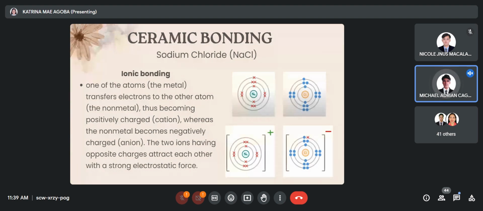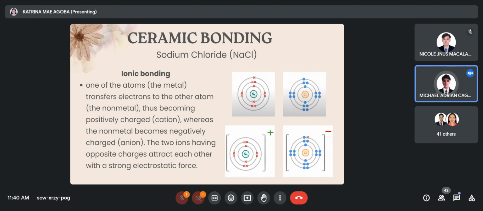So for ionic bonding, it is when an atom gives or takes an electron to make them stable. One example of this is table salt or yung sodium chloride. Sodium has one excess electron whereas the chloride needs one more electron to make it stable. The sodium will give an extra electron to chloride to make them both stable. So kung makikita nyo po sa picture, yung sodium may extra siyang electron, yung mga X. Tapos yung sa chloride, yung mga dots, may excess siya na electron.